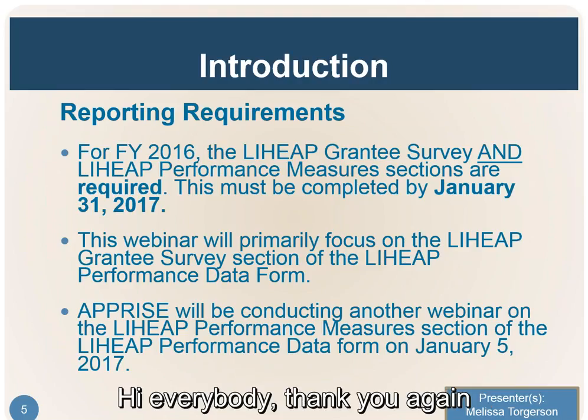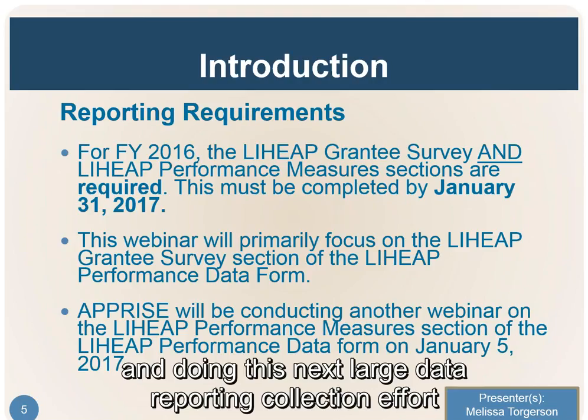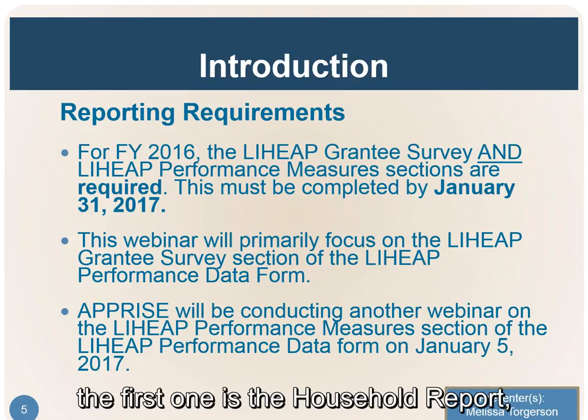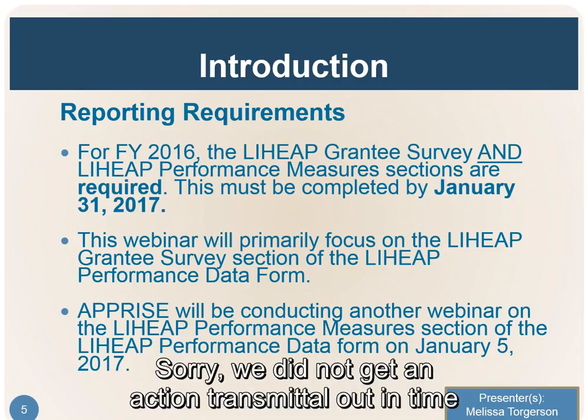Thank you again for taking the time out of your day to learn hopefully some interesting and new things, and for doing this next large data reporting collection effort through our office. The first one is the household report, which was due, I think, December 16th. Sorry, we did not get an action transmittal out in time.